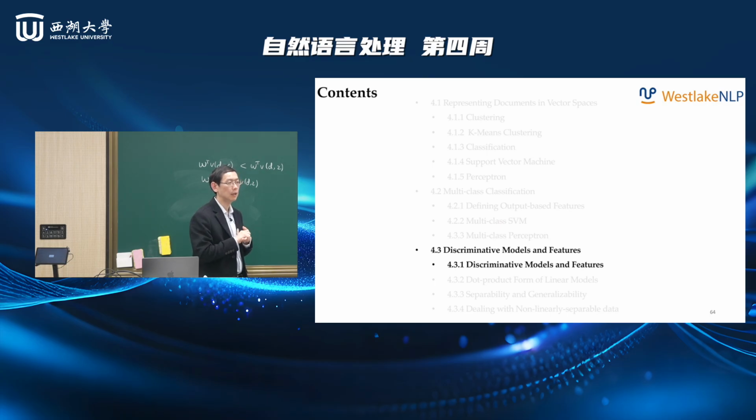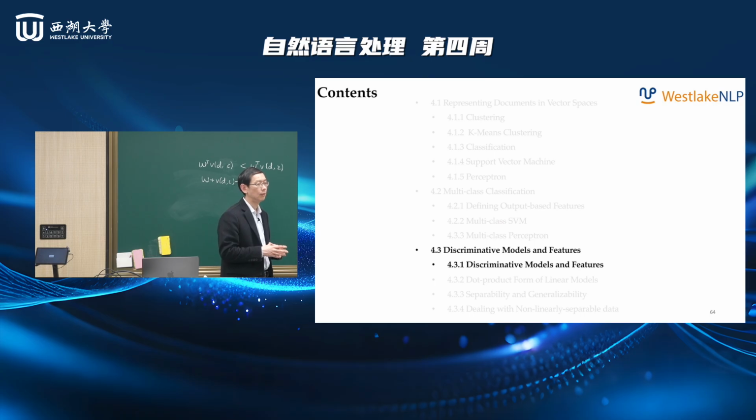Let's first see the similarity. I've already indicated the similarity. For every word, you have a parameter. The parameter indicates the class label of the word. The parameter for perceptron and the SVM is omega. The parameter for naive Bayes is log P(W given C). So they serve similar things.